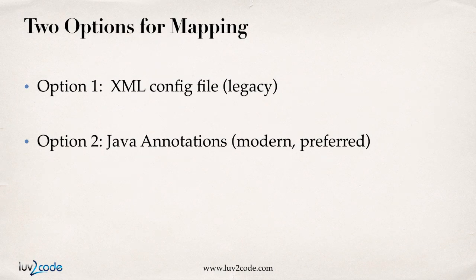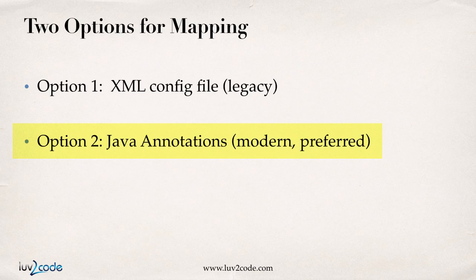Now, just to let you know, there's two options for mapping a class. Option one is the XML config file. I want to say this is more of a legacy approach. This was used heavily when Hibernate first came out. However, there's also option two, using Java annotations. And this is the more modern approach, the preferred approach.